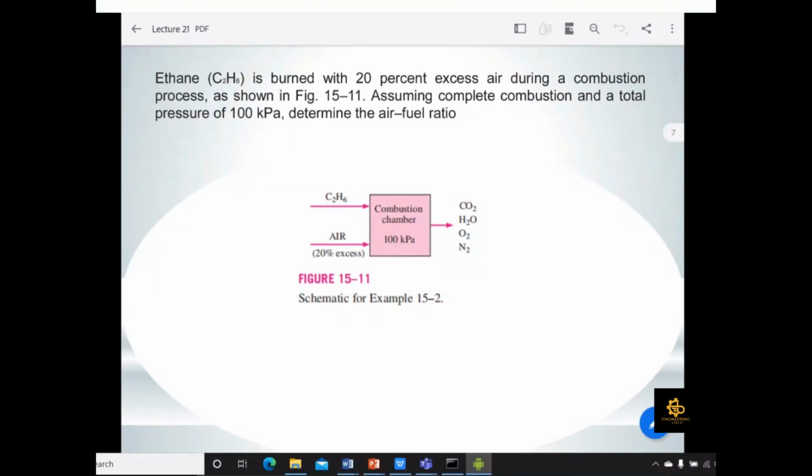Okay, so this is the first question. This is from your book, so you read the statement, then try to solve.